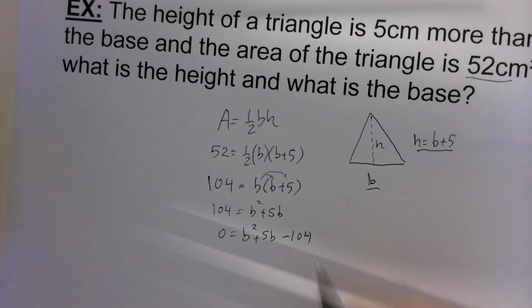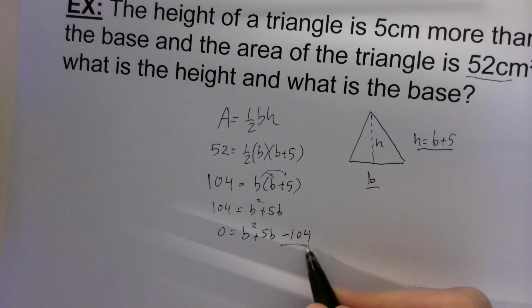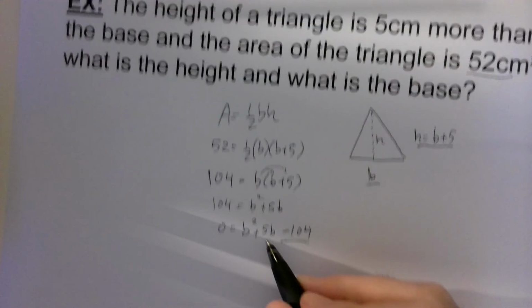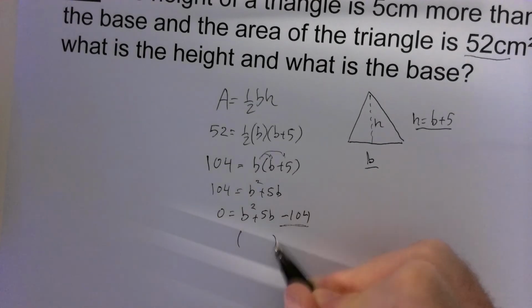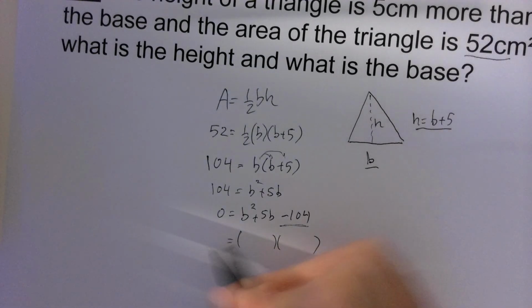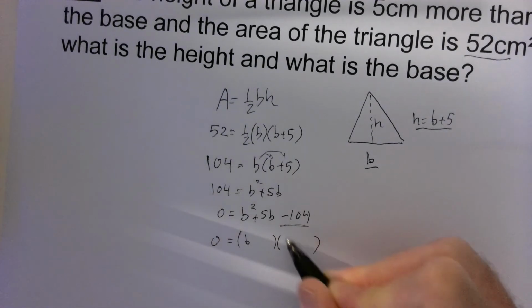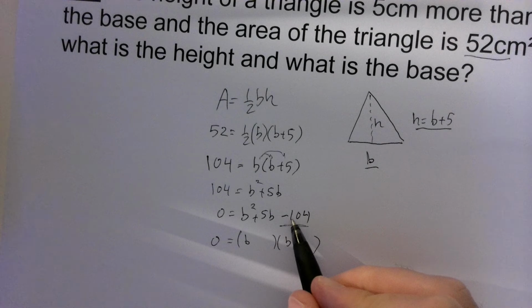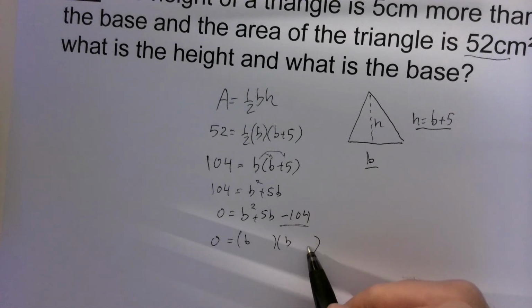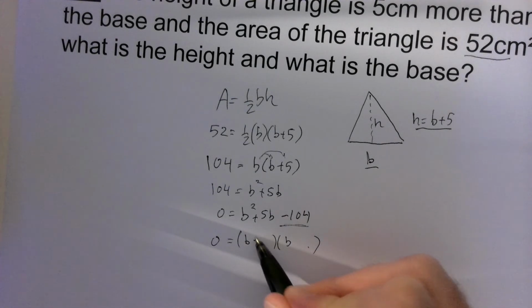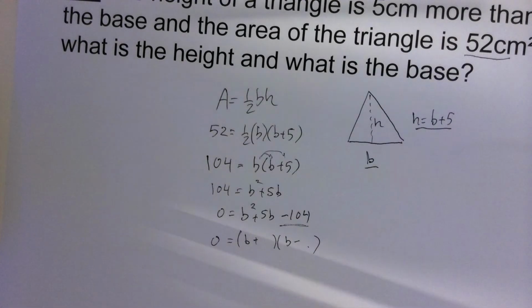Alright, we want to find two numbers that multiply to minus 104, add up to a positive 5. Now we know the product is negative, meaning when I multiplied them, I got a minus, so one of them has to be positive, one has to be negative. Let's see, I can do like 26 times 4 would work, but that doesn't have a difference of 5.